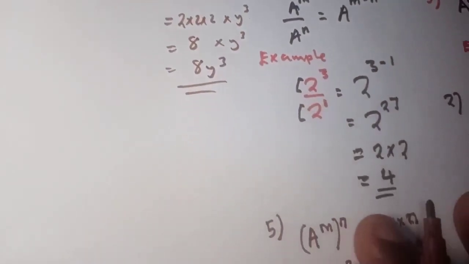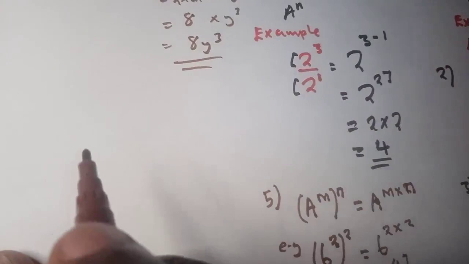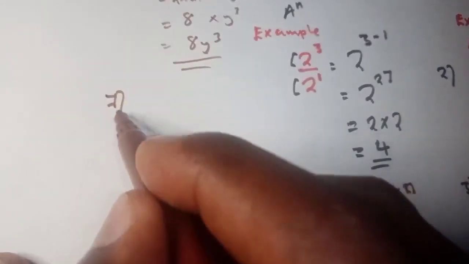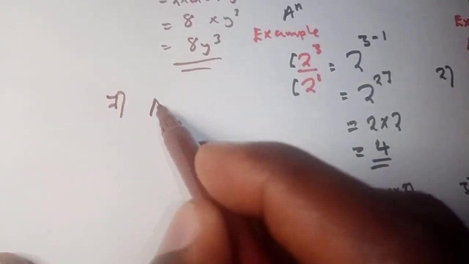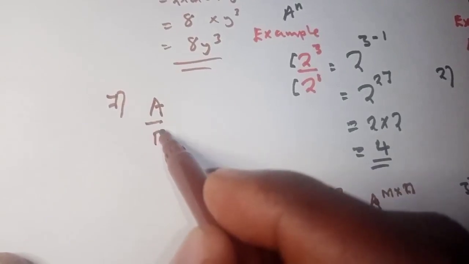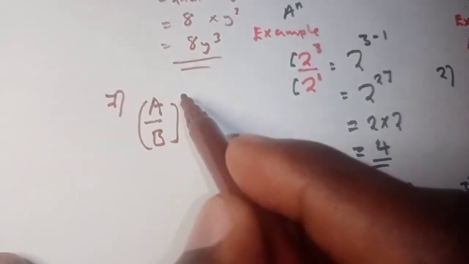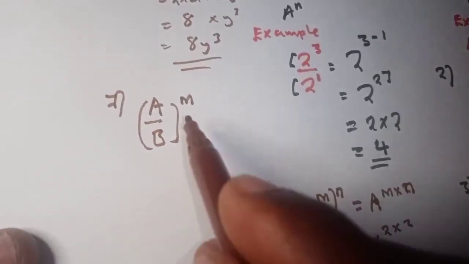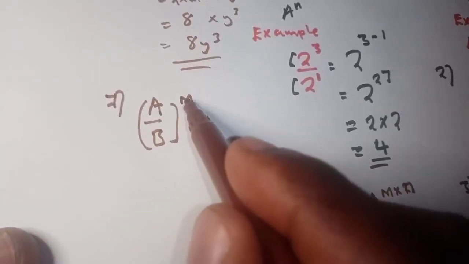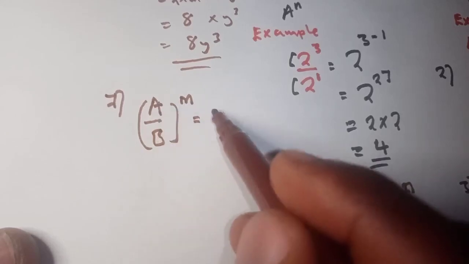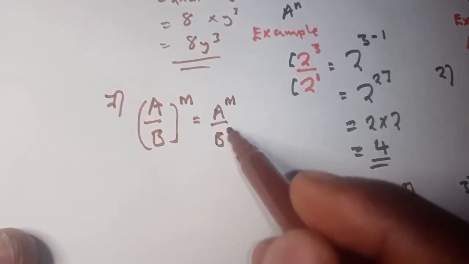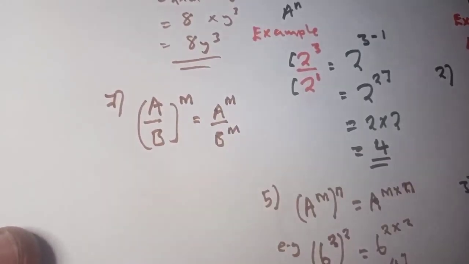Okay, so another, similar rule. It's rule number 7 now. You've got a over b raised to the power m. What does this imply? This simply means this power will also apply to both numbers in the brackets. So this is going to be a to the power m over b to the power m.